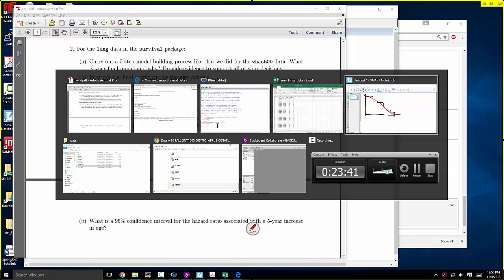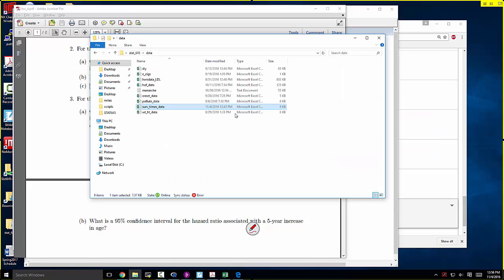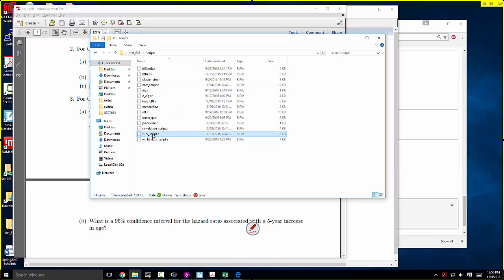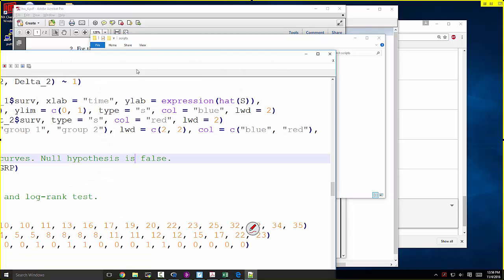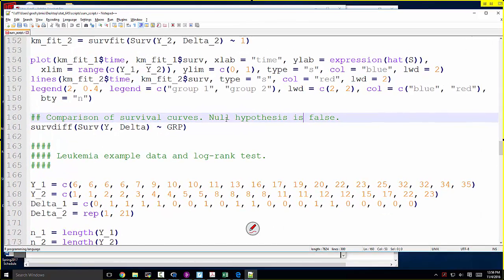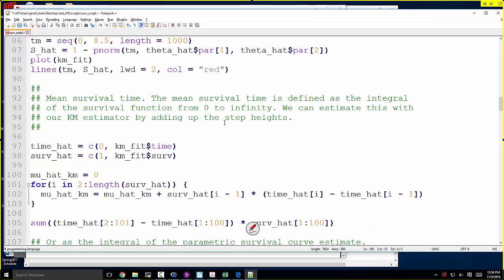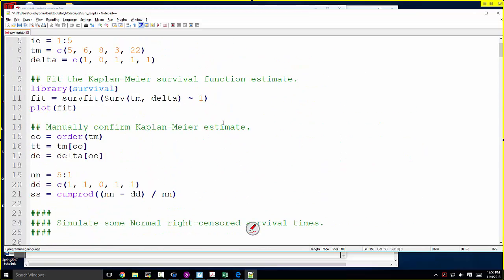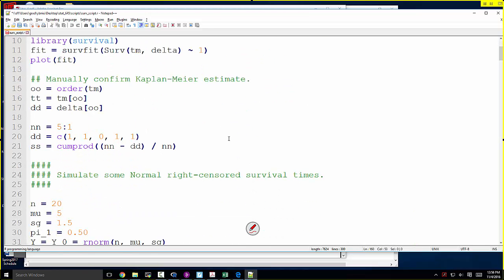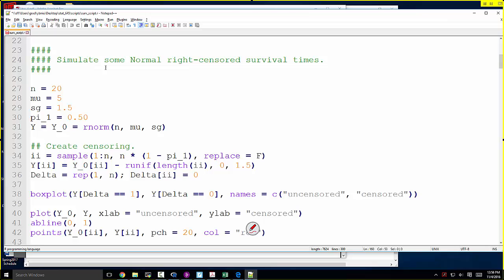Okay, so for now, let's go back to the serve script file. There's a couple of other things I wanted to show in here before moving on in the notes. Okay, so let's come down to line 23, where I'm going to simulate some right-censored data from a normal distribution.